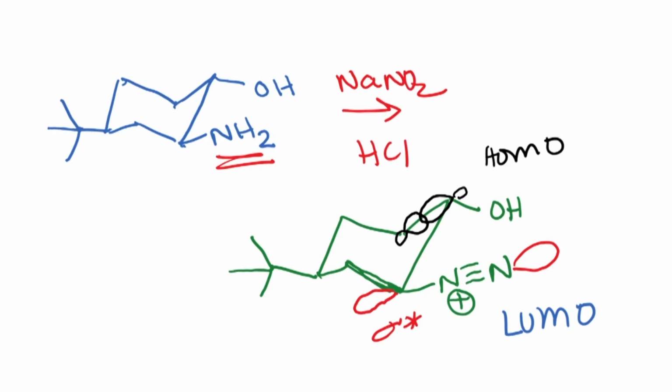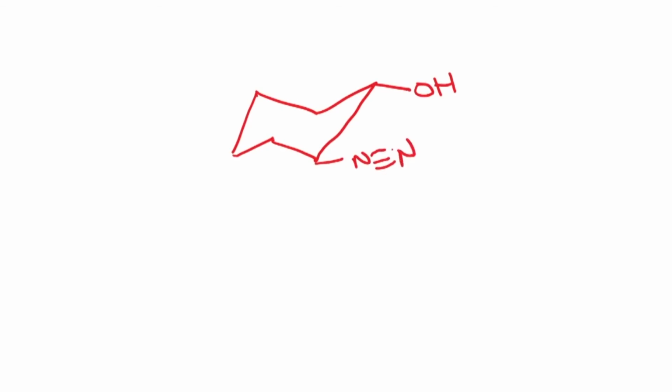So in the next slide, I'm going to draw out this structure once again. Here is the hydroxyl group, here is the diazonium ion, and here is the orbital that we are interested in. Now what we are suggesting is that this is the sigma star, so this bond is going to move here. But in the process, there's also a lone pair on the oxygen which can assist this process by forming a double bond.